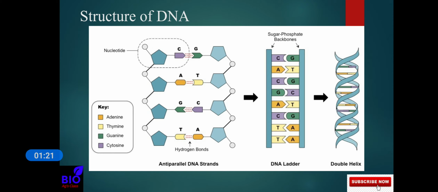DNA uses four kinds of nitrogenous bases: adenine, guanine, cytosine, and thymine. RNA nucleotides may also contain adenine, guanine, and cytosine bases, but instead of thymine, they have another base called uracil.